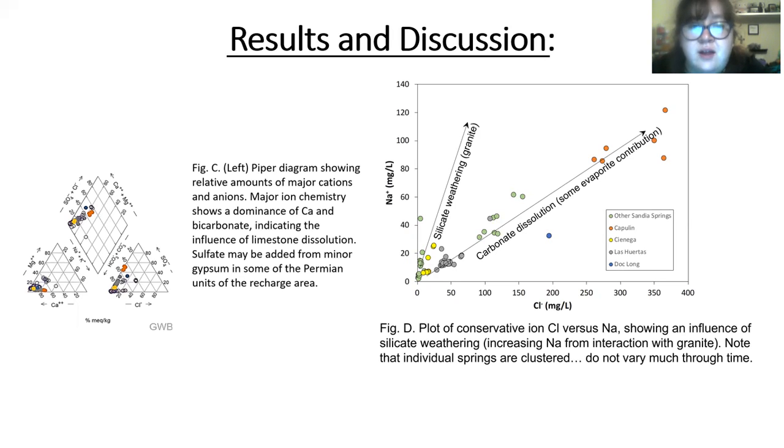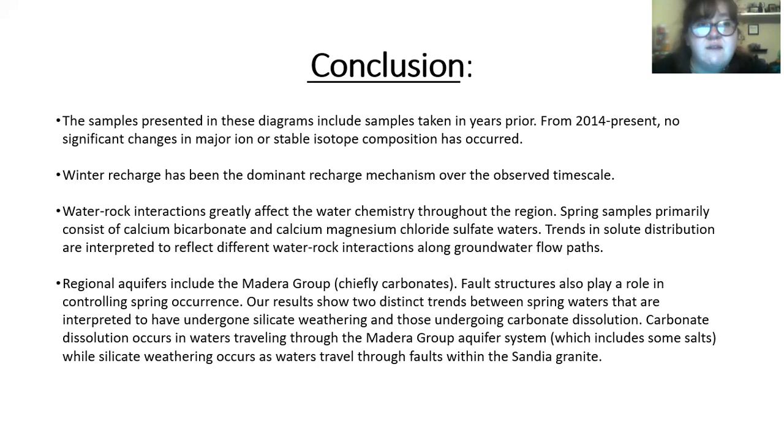And there were a couple of silicate weathering samples, which indicated that they had moved through the granite side of the Sandia Mountains. And finally, the samples presented in these diagrams include samples taken in years prior. These samples are from 2014 to present, and we found that there were no significant changes in both major ion or stable isotope composition.